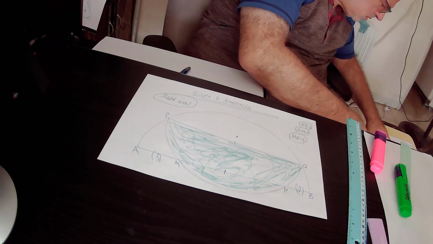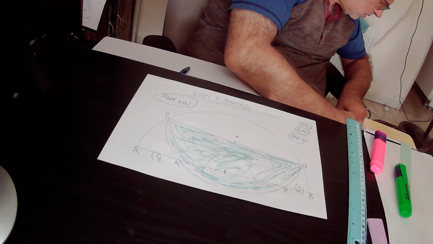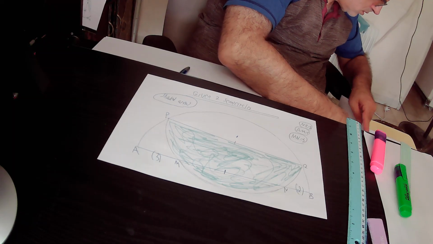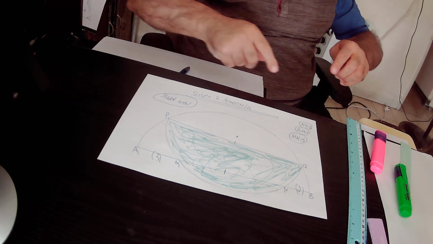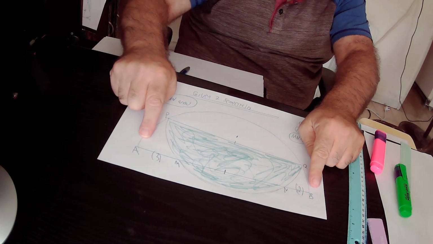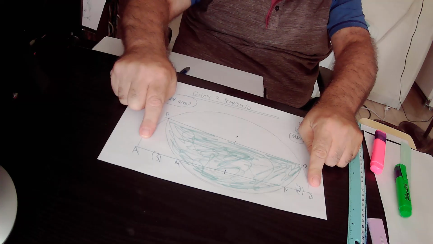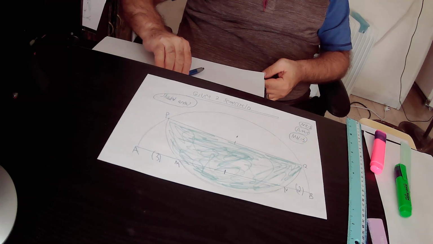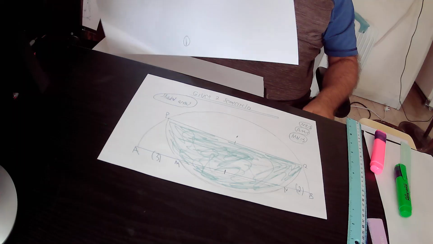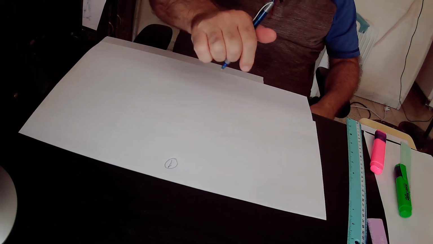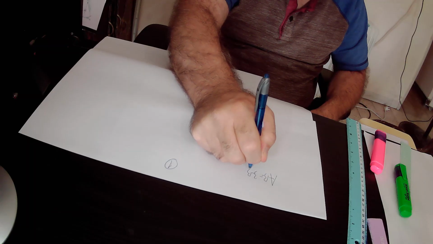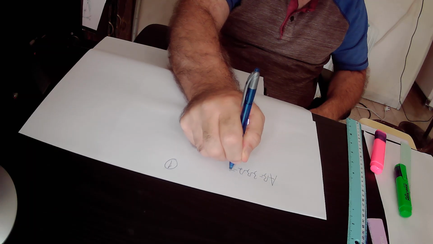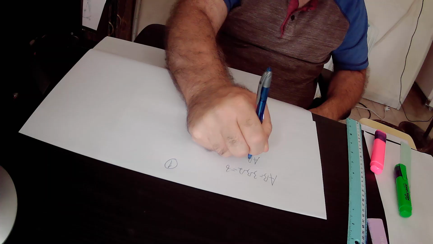So in total, AB equals 3 plus 3 plus 2, that is 8. The diameter AB of the big semicircle equals 8.